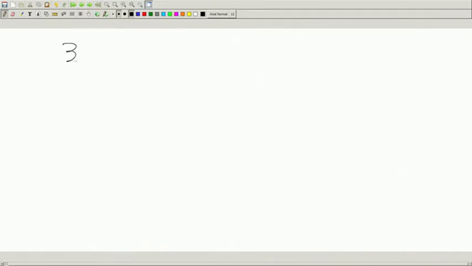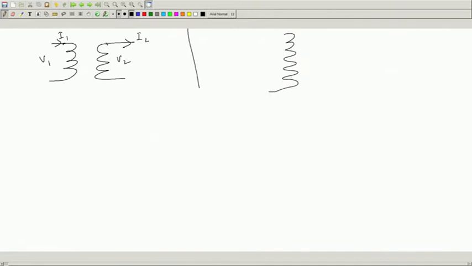I will draw the two winding transformer of same rating. Here it is V1, here it is I1, here it is V2, here the load current will be I2. And here it is your auto transformer, where this is the load, same load Z2.